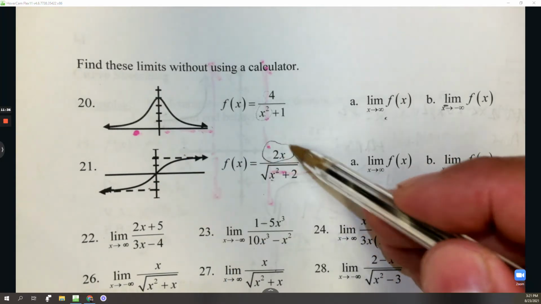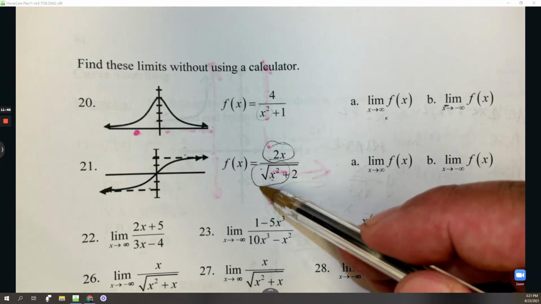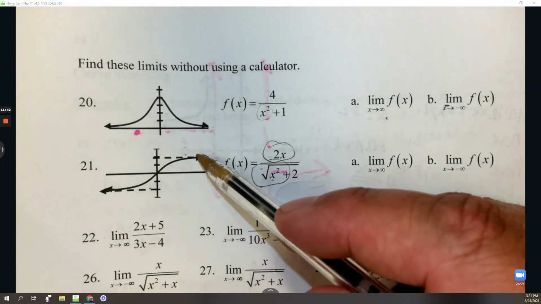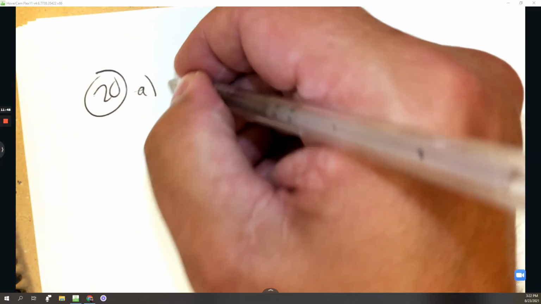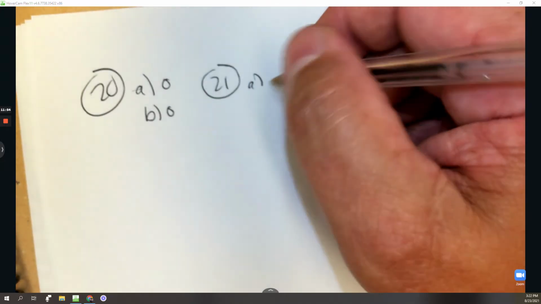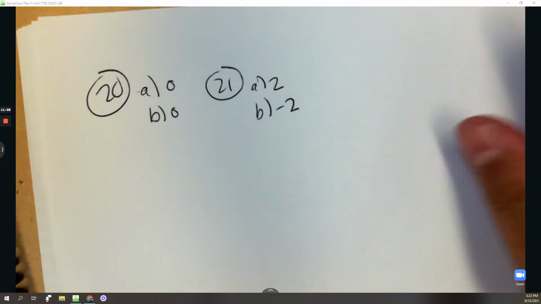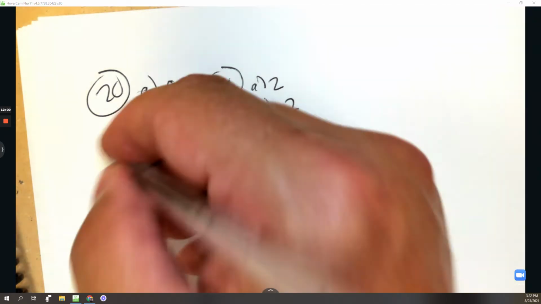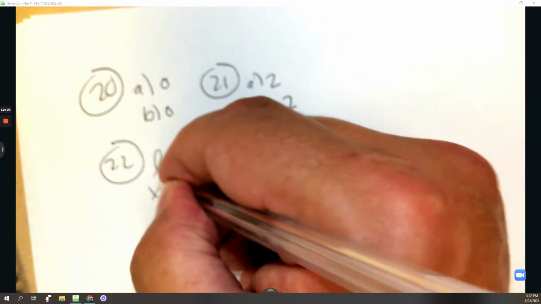So when I go power divided by power, this creates a positive and a negative. So this is positive 2, and on the other side is negative 2. Let me just write that out. I'll make it simple for you. So this is 0, and this is 0, and for 21, this is 2, and this is negative 2. I won't make you write it up more than that. 22. For 22, we're talking about end behavior.